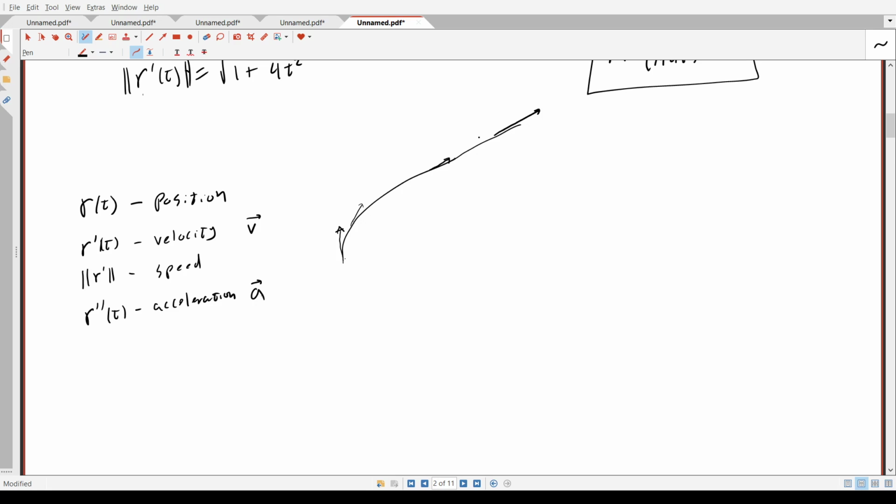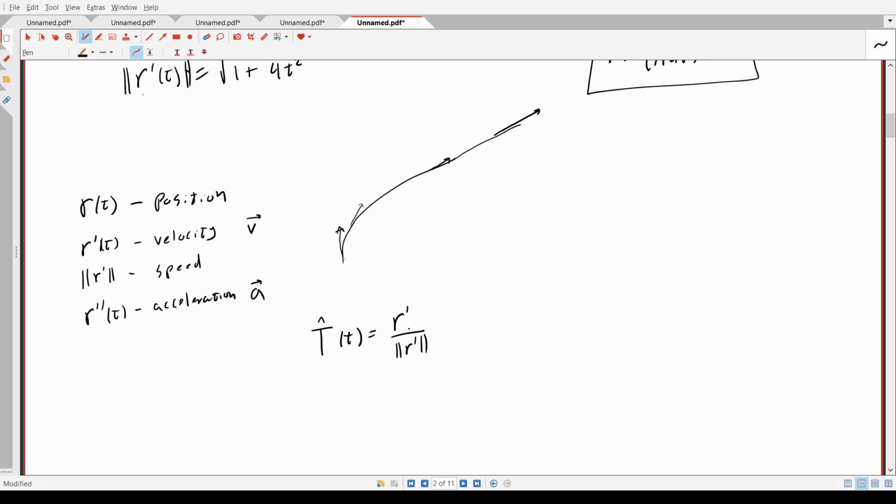Okay, so what do we know? We know that the unit tangent vector, that's r prime divided by norm of r prime at position t.